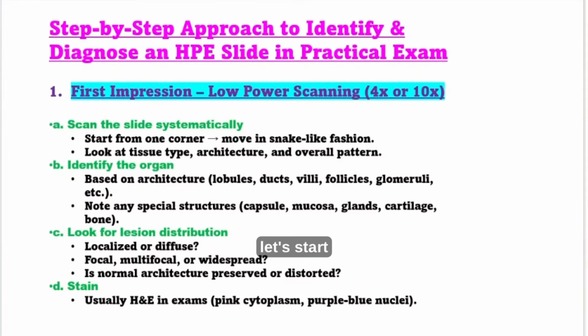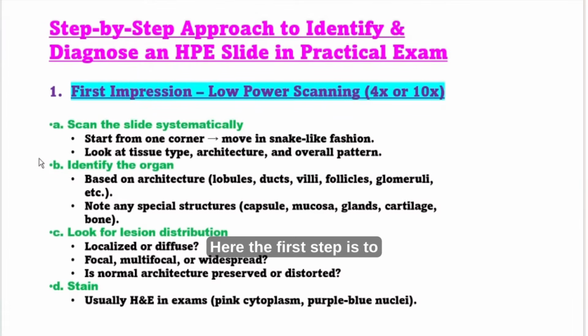So let's start the step-by-step approach to identify and diagnose an HP slide. The first step is low power scanning. We use 4x or 10x for the scanning of slides.